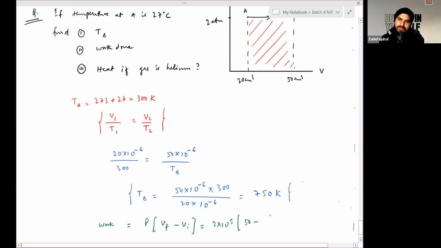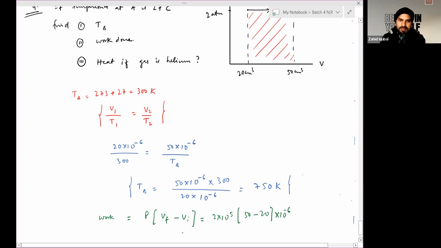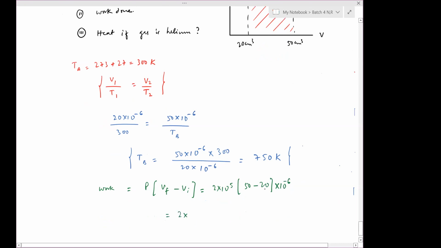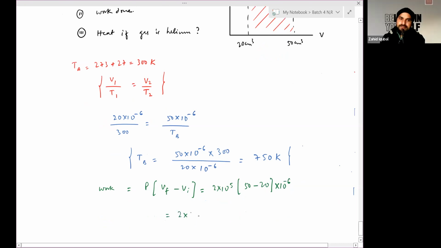So 50 minus 20 into 10 to the power minus 6. So 2 into 30, with 10 to the power 5 and 10 to the power minus 6, it will be 10 to the power minus 1. So 20 into 2 into 30, 60 into 10 to the power minus 1. That will be just 6, 2.